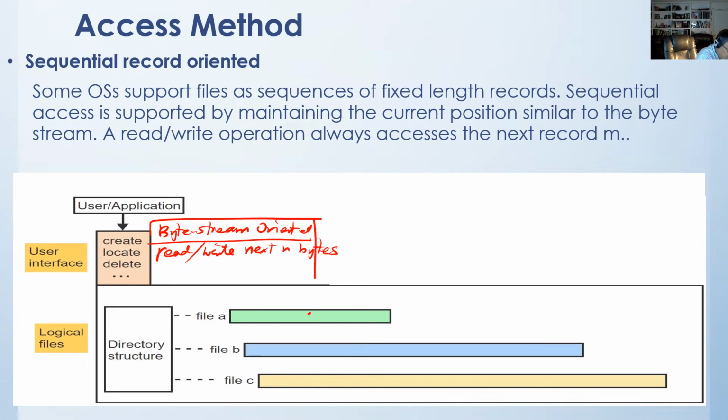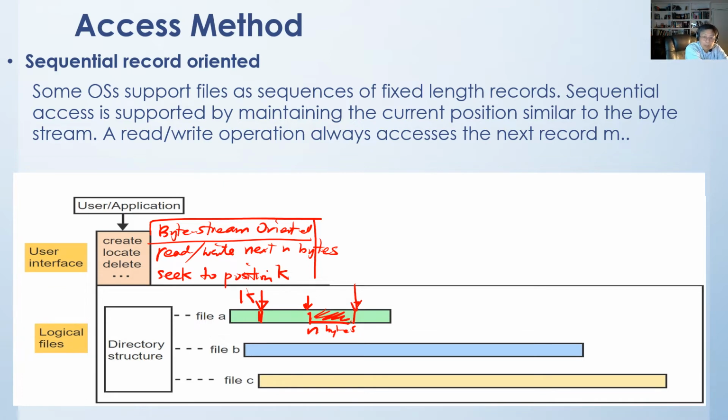If the current position is here, then reading or writing n bytes will move the position to here. And you can also use the seek to position K command to directly move the position to position K.